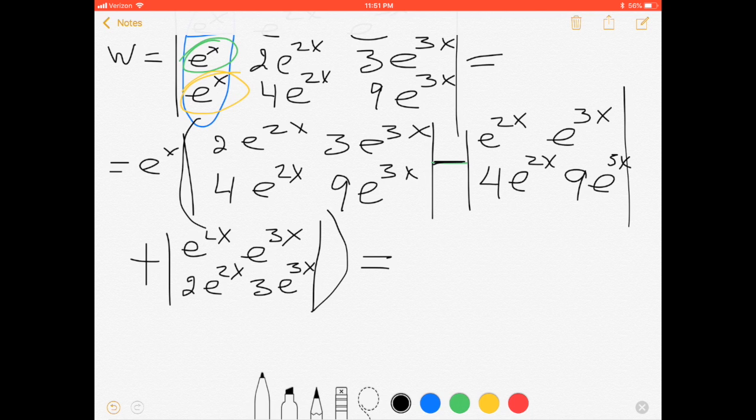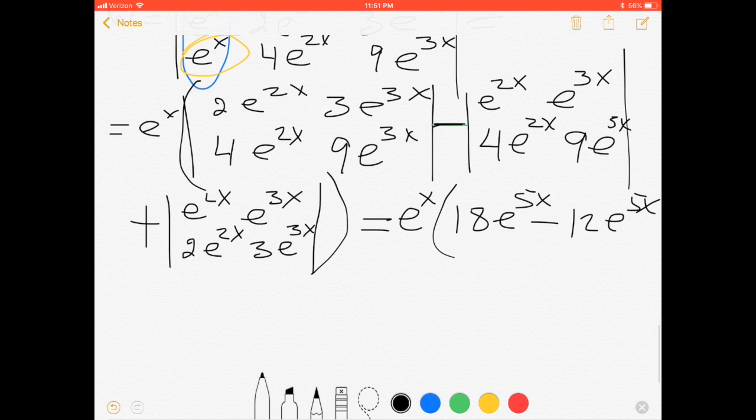Distribute and open. We have e to the x times 18e to the 5x, first diagonal, minus 12e to the 5x. Here we have minus in the front. This means the first diagonal goes with minus, minus 9e to the 5x plus 4e to the 5x.